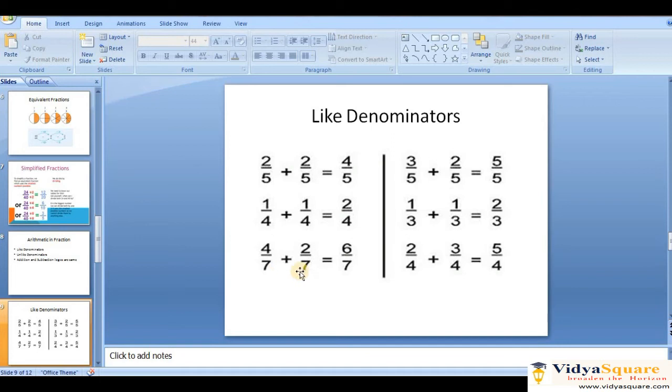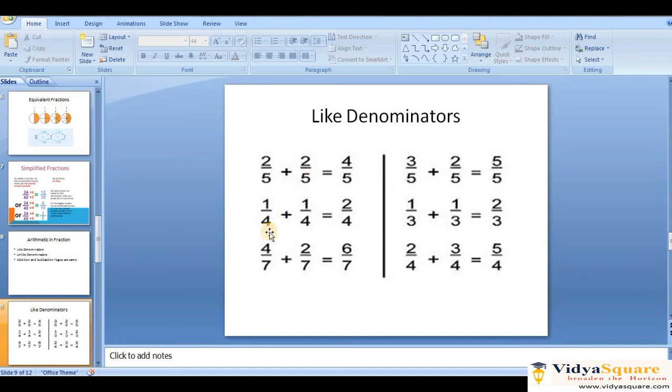In these types of like denominators, it's easy to perform an arithmetic operation. I can just add the numerators and put the denominator which is the common one. So 2 plus 2 is 4 and the denominator is 5. So I can put 4 by 5 when I add 2 by 5 and 2 by 5.